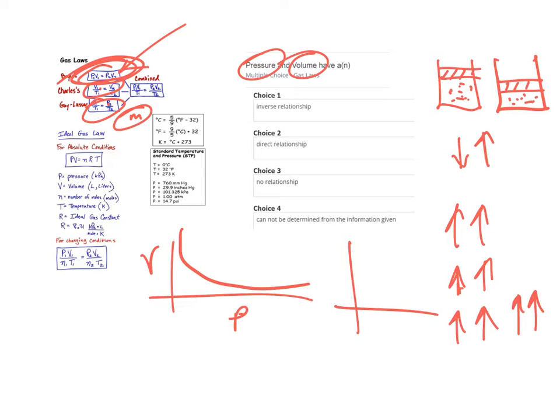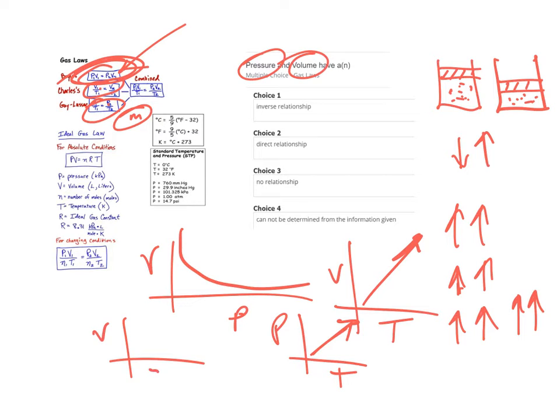If I made a volume temperature graph, it would be a straight line. A pressure and temperature graph would be a straight line. A volume and moles graph would be a straight line. Those are direct relationships. In the case of pressure and volume, one goes up, the other one goes down.